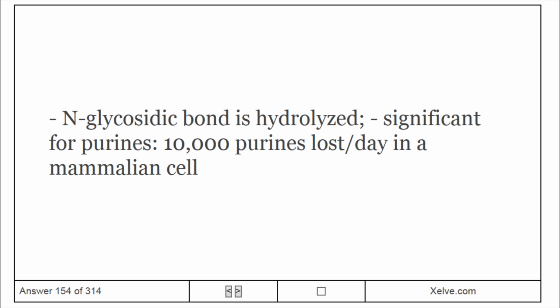Depurination: the N-glycosidic bond is hydrolyzed, significant for purines, 10,000 purines lost a day in a mammalian cell.